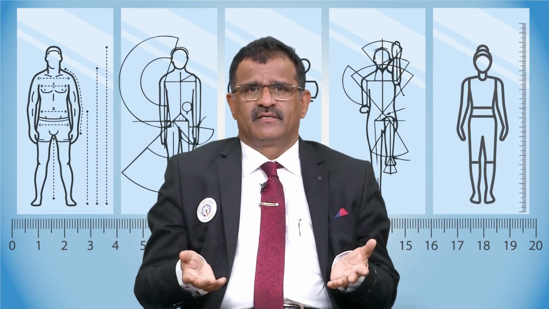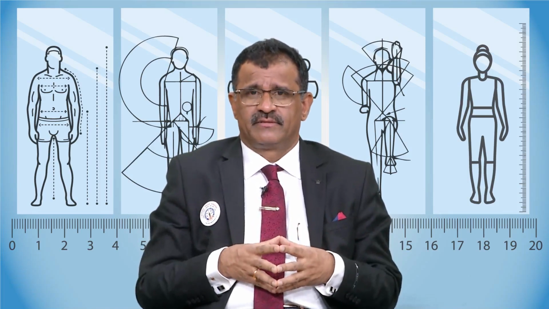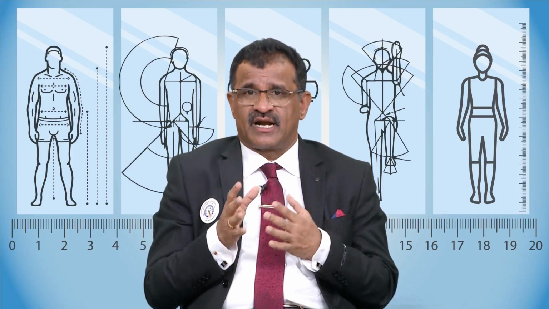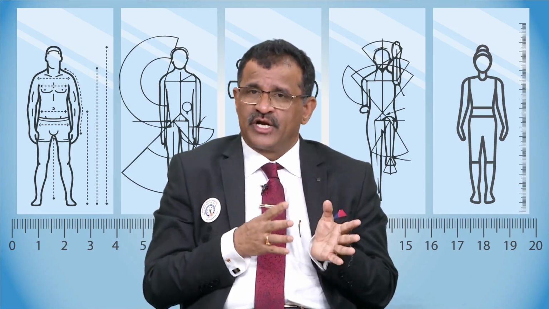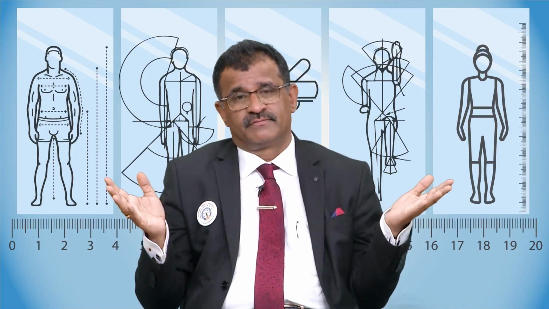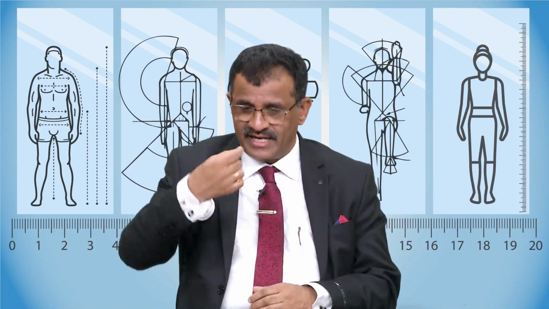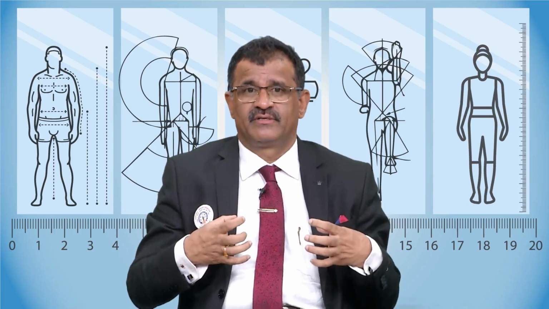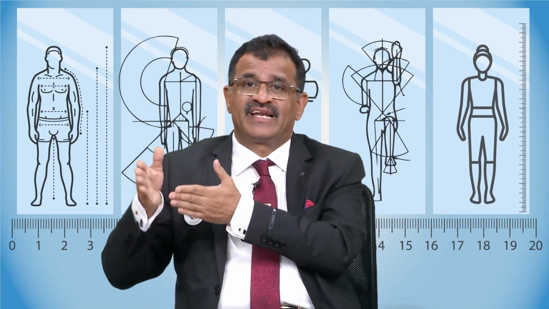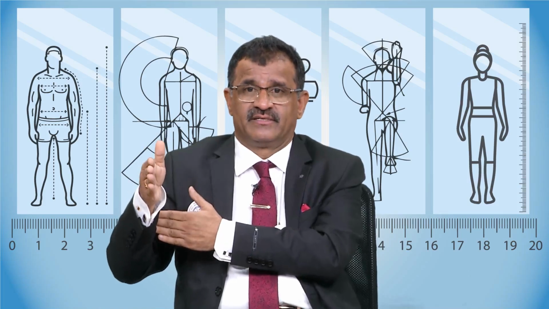Now, let us see the interpretation of anthropometric data. How to interpret anthropometric data and accordingly classify the nutritional status of individuals. Once anthropometric measurements are collected for an individual, the data are compared to an accepted reference to classify an individual's nutritional status.